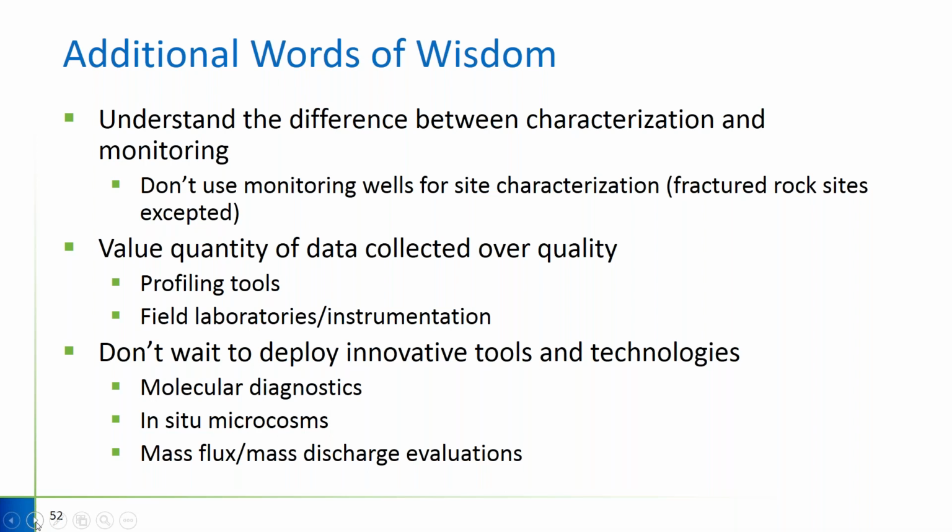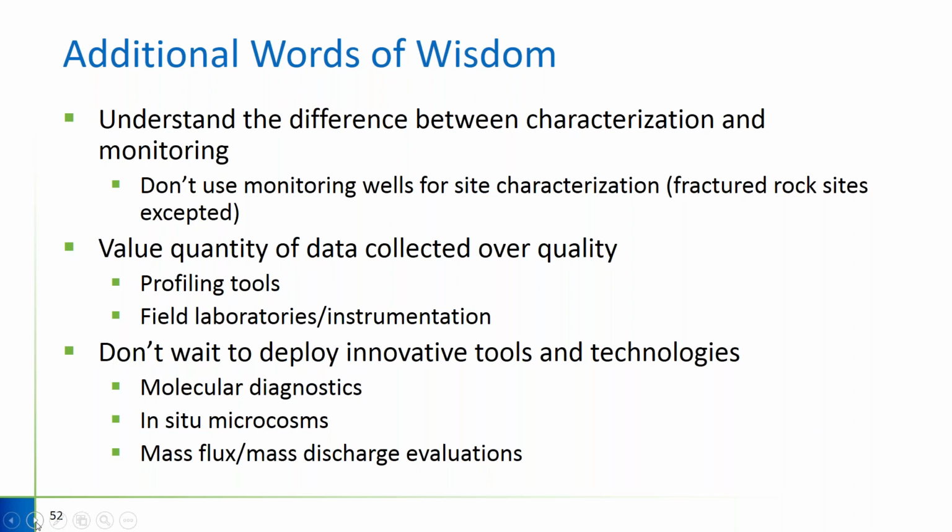If you have a site where you can do direct push and you really don't know the extent of contamination, it's much more appropriate to do groundwater grab samples, like a screening level sampling, and to do a lot of them, as opposed to just going out and drilling 20 wells and kind of guessing where you're going to put them and then sampling those wells.